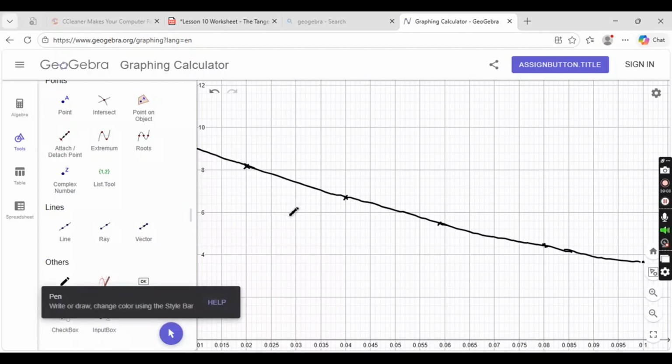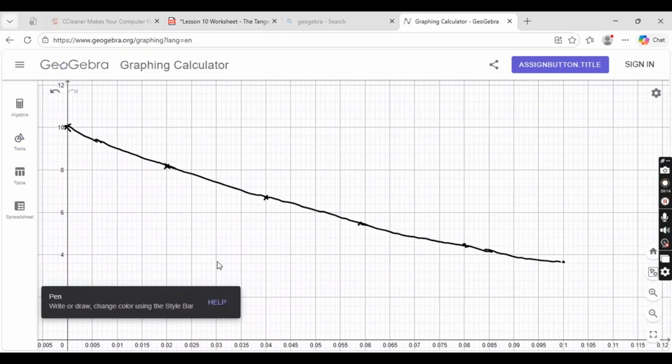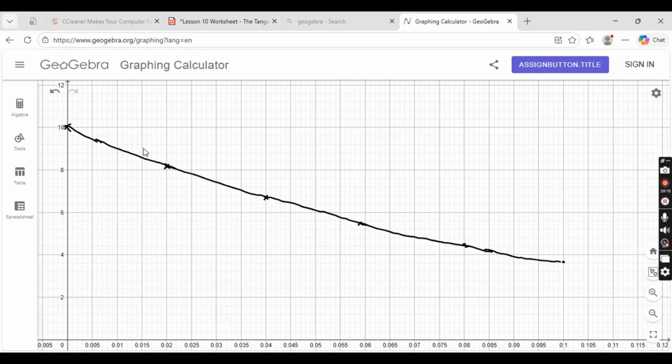Because it goes through the graph, so it will be cutting from here straight to there. Is there any other method?